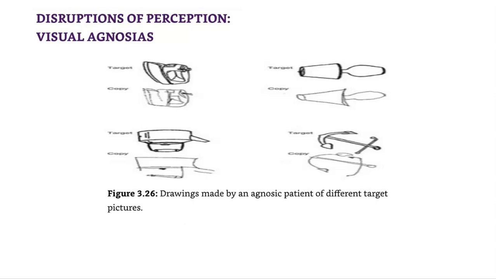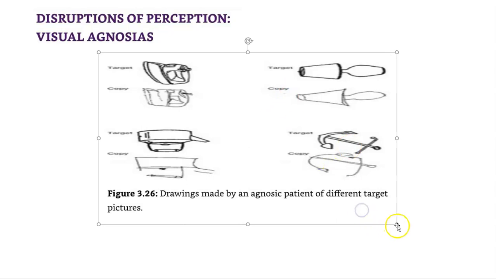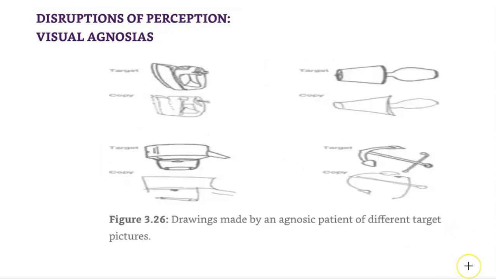In this case, a person that drew these had trouble interpreting what they were and therefore lost the coherence as they were attempting to copy it. So if I know what it is, I can copy it pretty well, but what they were clearly trying to do is just a shape alone without any coherence or appreciation for what it was.